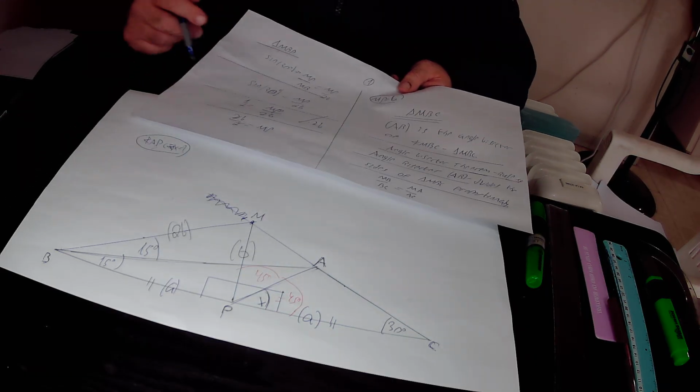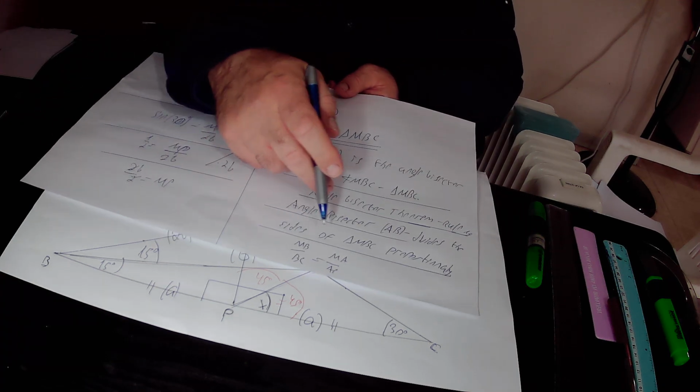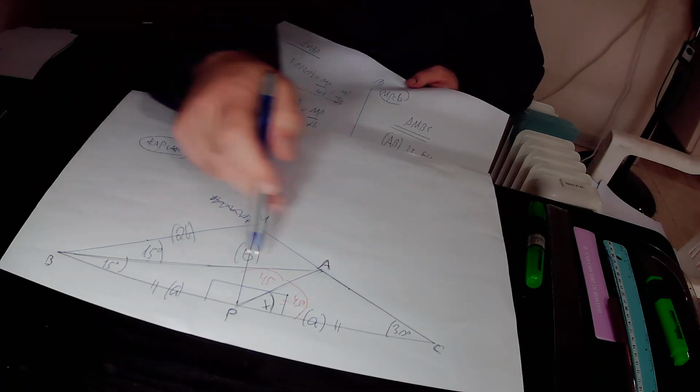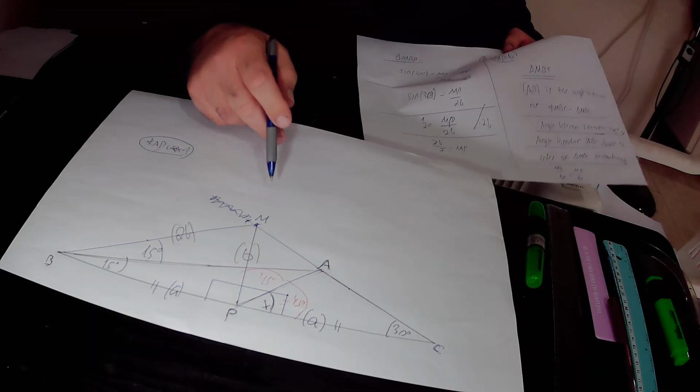That is to say, MB over BC equals MA over AC. MB is 2b, BC is a plus a, that is 2a, and it equals MA over AC.